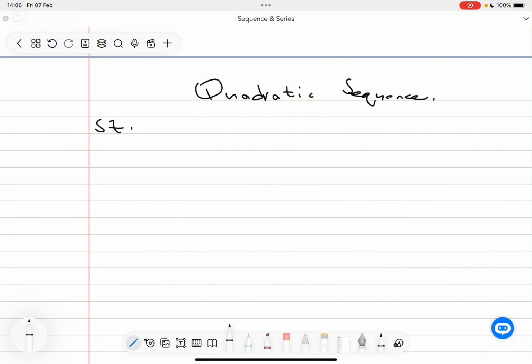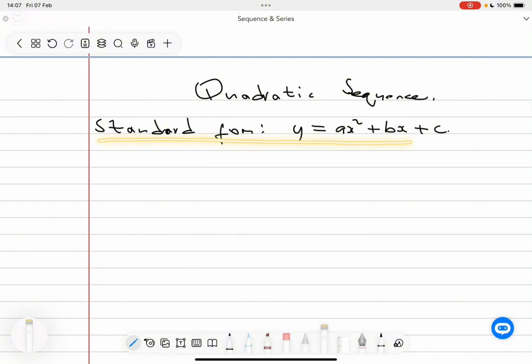If I were to write down the standard form of a quadratic equation, we know that it's going to be given by y is equal to ax squared plus bx plus c. This is the standard form of a quadratic equation.